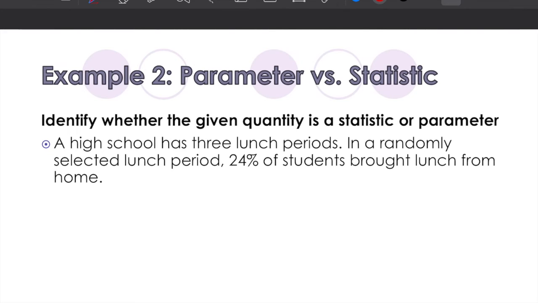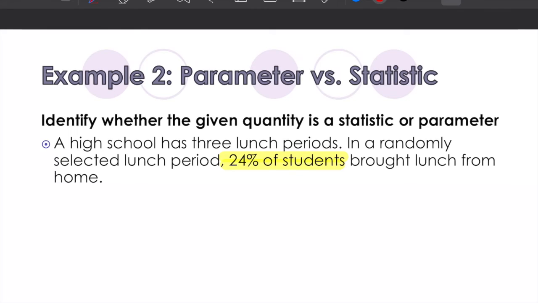So you need to ask yourself, is that 24% of students information about the entire school, or is that information only about the sample that they asked? That's where you have to reread the problem to figure out, does the 24% represent the entire school or just the sample?